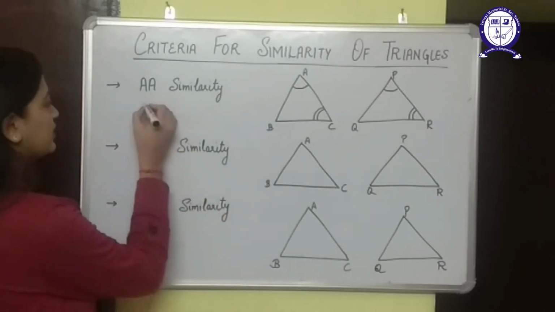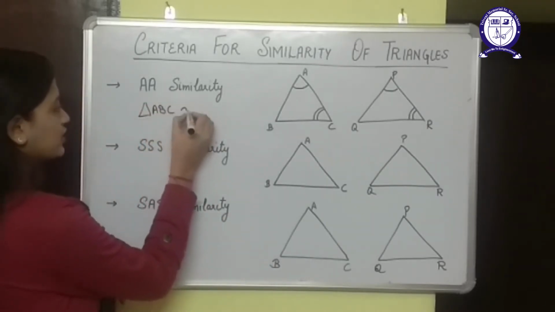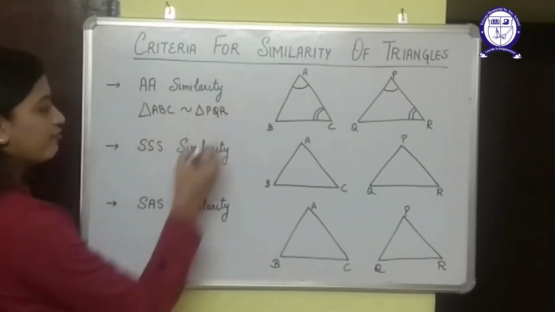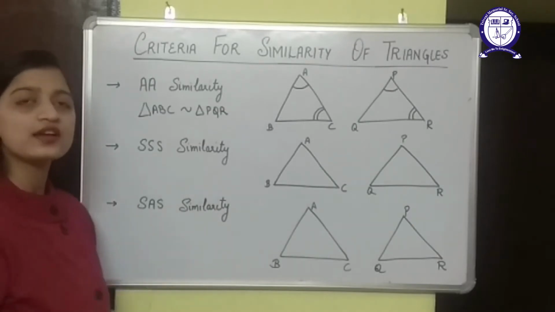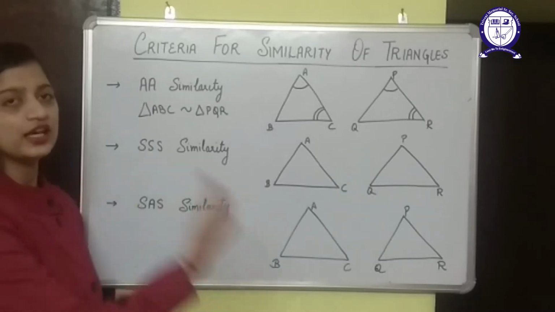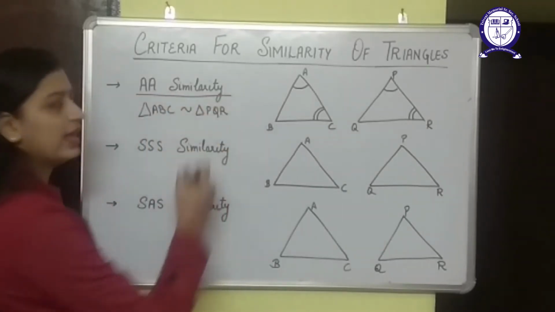So we will write triangle ABC similar to triangle PQR when we have 2 angles of the triangle equal to the 2 angles of the other triangle. So this is my angle similarity.